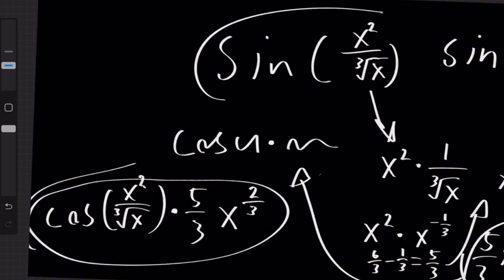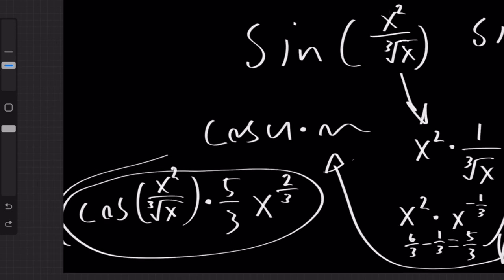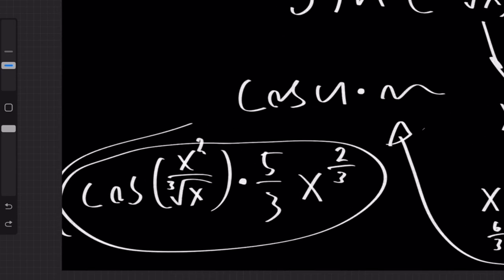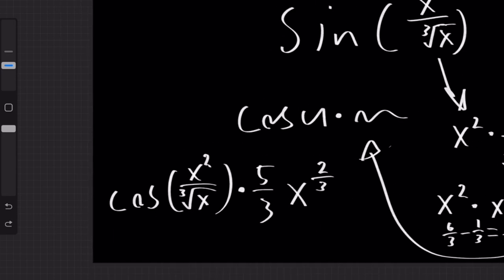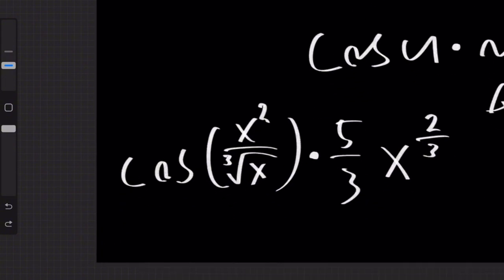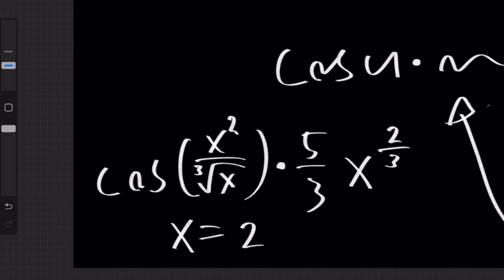This right here is the derivative of this function. You can simplify it, maybe. I don't think you can. That's just the derivative function. So again, if we want to find the slope at a point, at x equals like 2, we can just plug it into the function and you'll see what we get, and that's going to be equal to the slope.